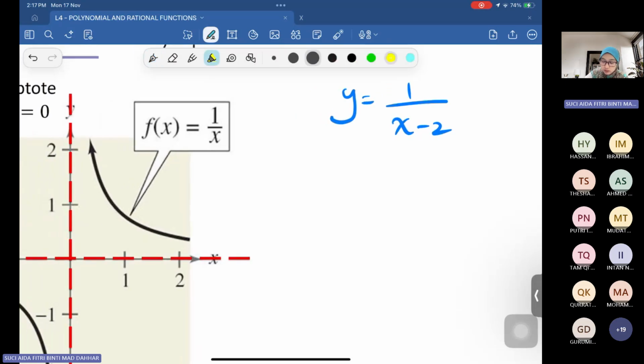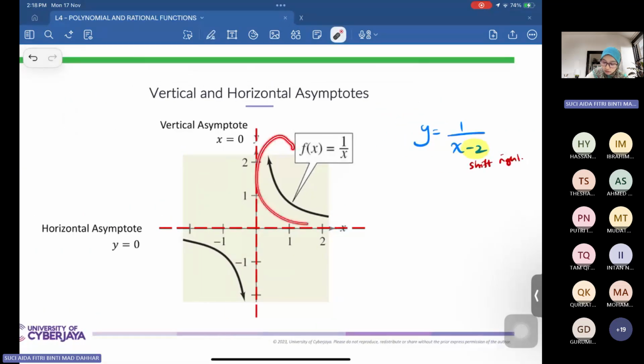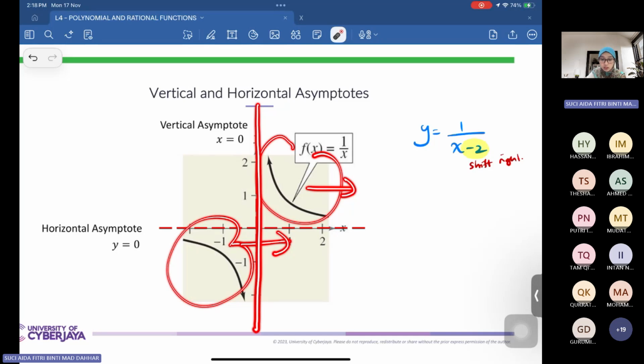From the transformation of graphs that you have learned, minus 2 from the x means you should shift the graph to the left or right, class? Shift to the right. That means this entire graph will be shifted 2 units to the right, including the vertical asymptote, which was at 0 before.